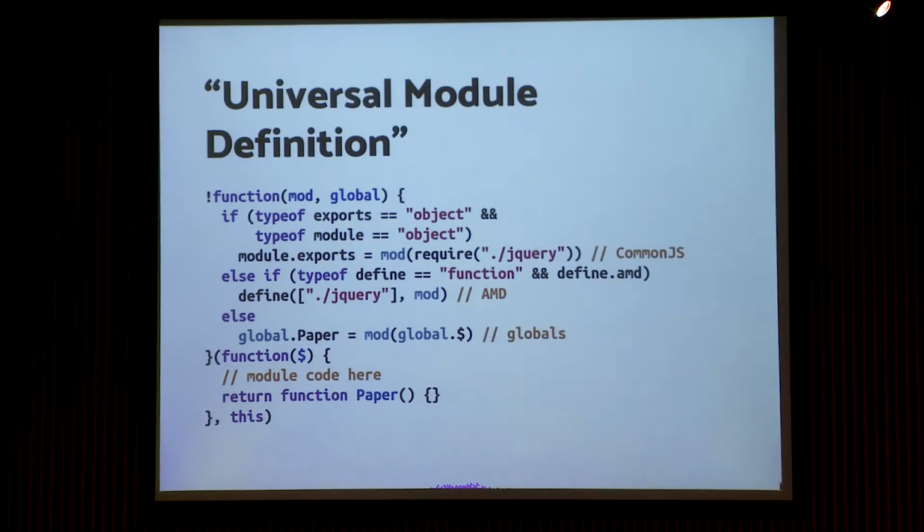If that happens, it assigns module.exports to calling the module with the dependencies wrapped in require. So it first calls require to get the dependencies and then feeds them into the module and sets that to module.exports. If it's an AMD system, which requires the define function to be present and to have an AMD property, then it uses that format, and otherwise it just sets a global and calls the module by reading the dependencies also from globals.